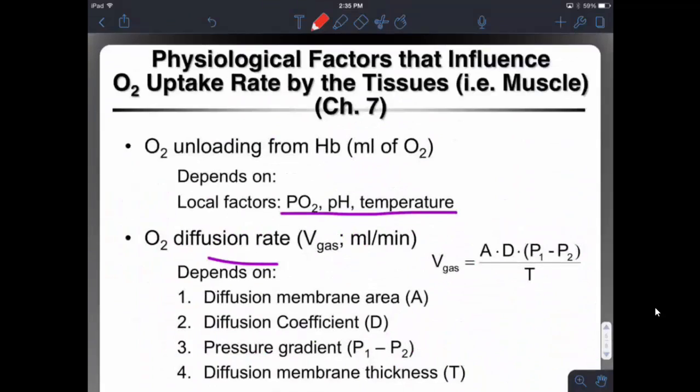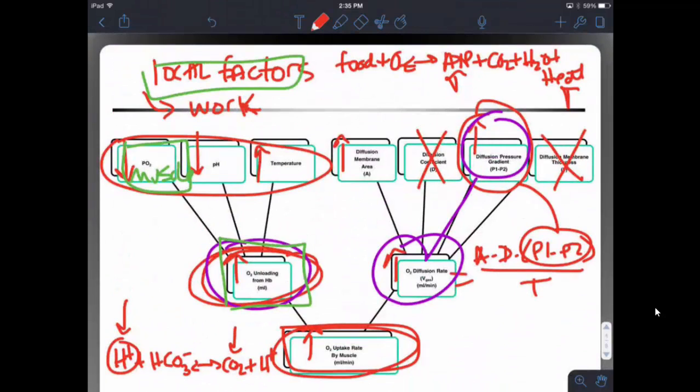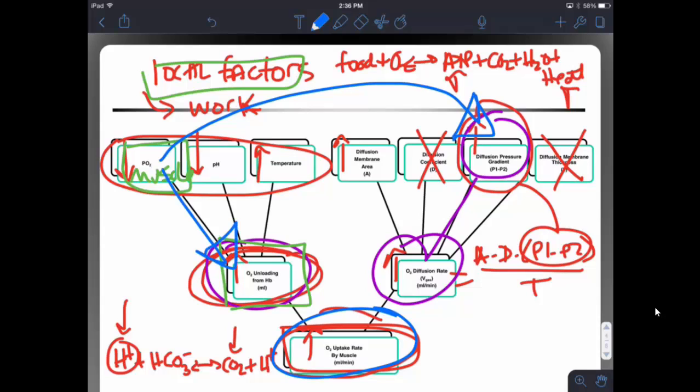So if we go back up here, this uptake rate, find another color, this uptake rate due to lower PO2, this lower PO2 also comes in over here. Okay? So two different ways a lower muscle PO2 contributes to a greater uptake rate.